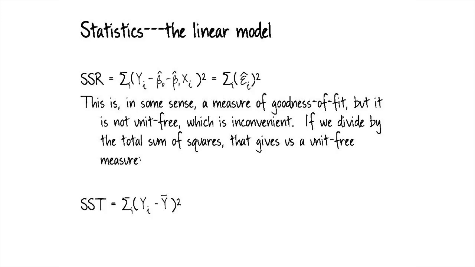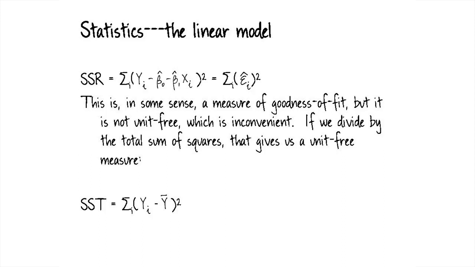Then the sum of squared residuals will actually change, and that's not a very convenient feature for a measure of fit to have. But if we divide the sum of squared residuals by some other sum of squares, the total sum of squares, for instance, then that gives us a unit-free measure because the units cancel.